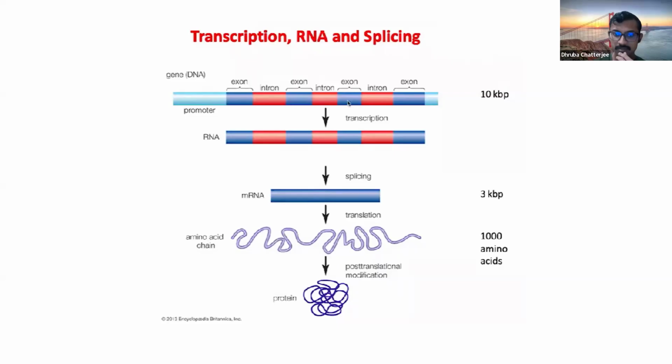The intronic regions, which are not coding for any amino acid sequence of the protein, are spliced out within the nucleus, and the exons are joined together. The blue exons are joined together to form the mature mRNA, which then comes out to the cytosol where the ribosomal machinery is present.